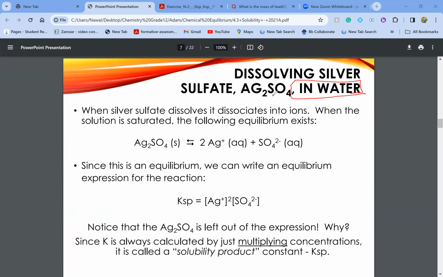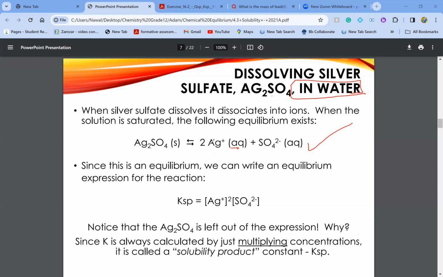If he didn't say in water, it means we are studying something else and we have to use another method in solving. This method is only for water, aqueous. If it's not in water, it means we have common ion effect, which means the ion comes from the previous exercise. We will explain it later.